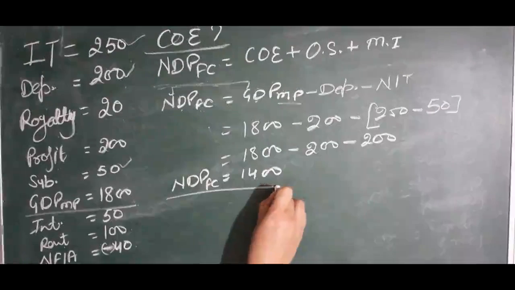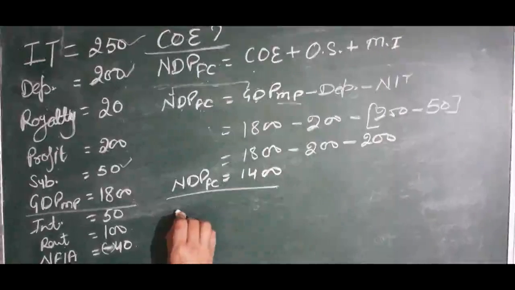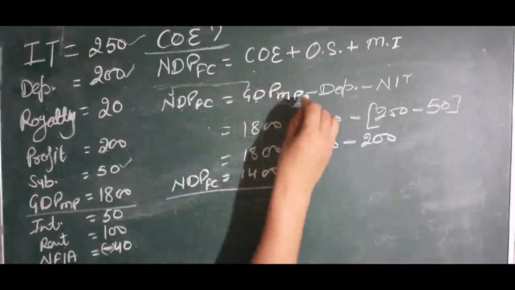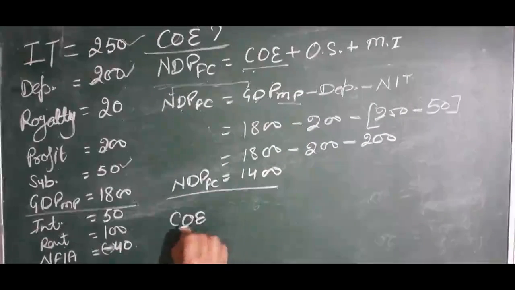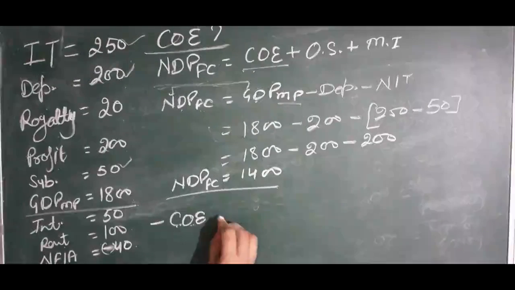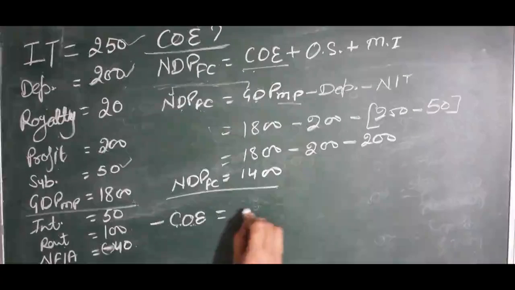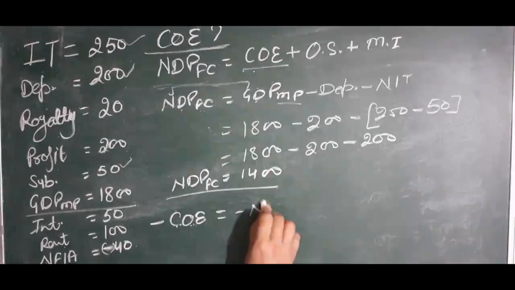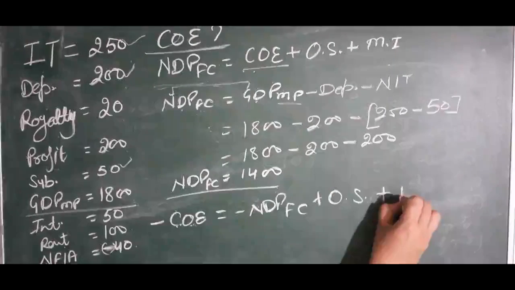Now put the value of NDP at FC in this formula. We have to calculate compensation of employees, so we will take it to the left hand side. It becomes negative, and NDP at FC on the right hand side also becomes negative, plus operating surplus plus mixed income.